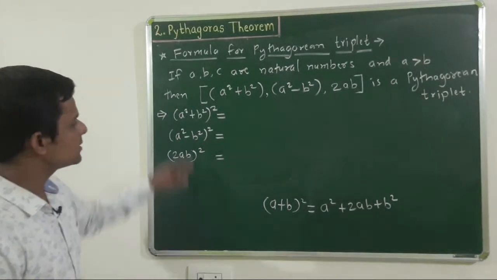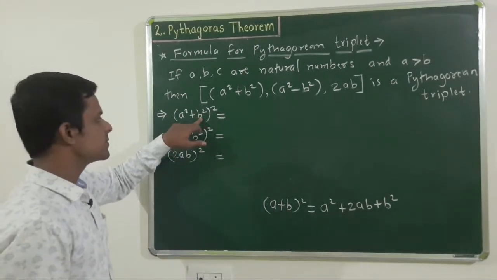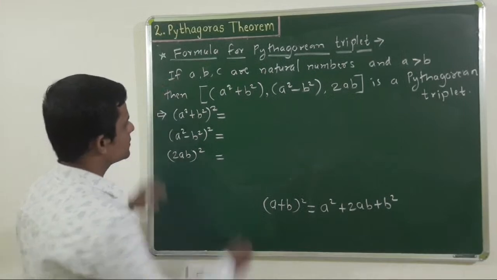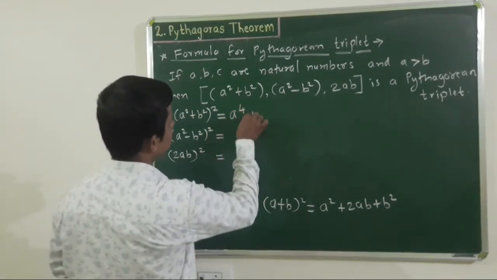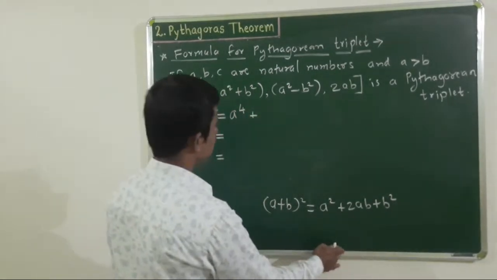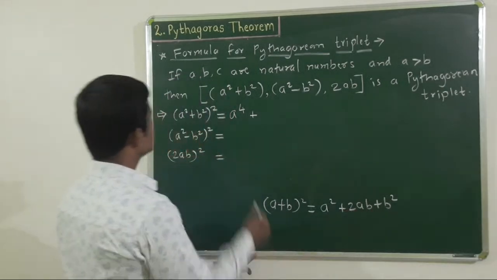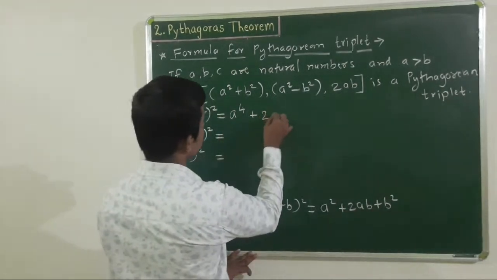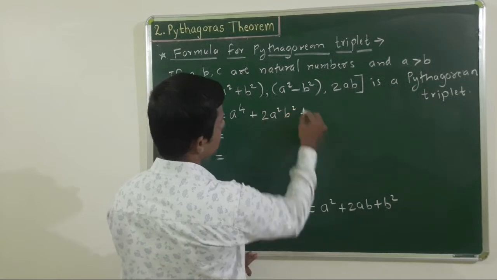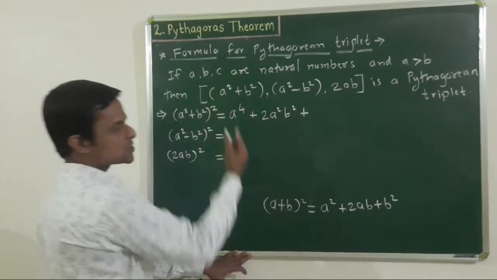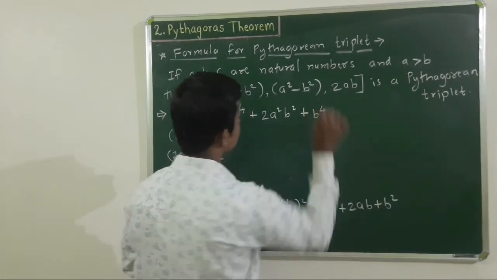Using this formula, the first term is a square and the second term is b square, therefore a square square is a raised to 4, then twice the product is 2 into a square b square, plus the second term squared, that is b square square, that is b raised to 4.